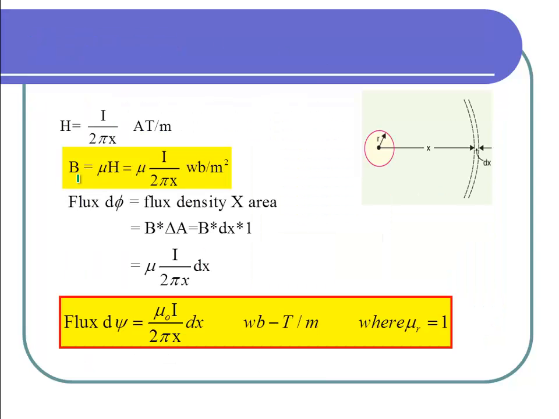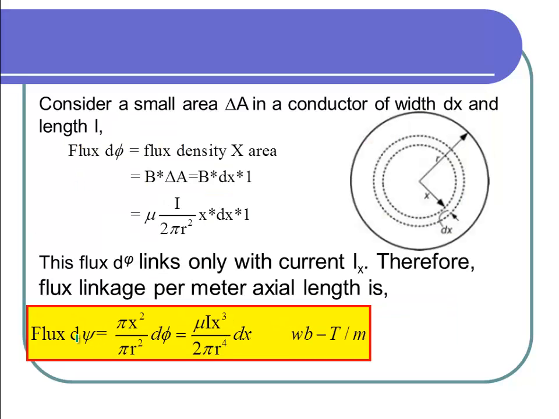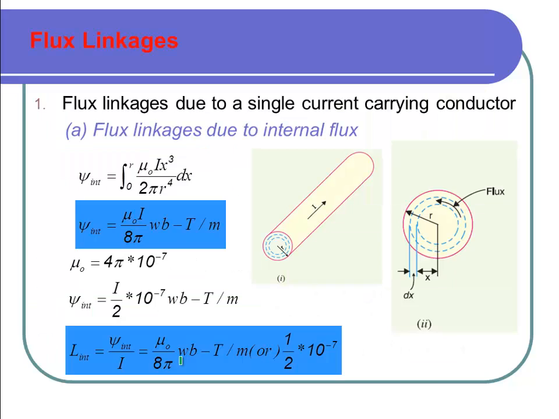As already said, the flux linkage d psi for the circular path is mu I x cube by 2 pi r to the power 4 dx, and now if we integrate this with the limit of 0 to r, then we will get the final result as mu naught I by 8 pi Weber turns per meter.